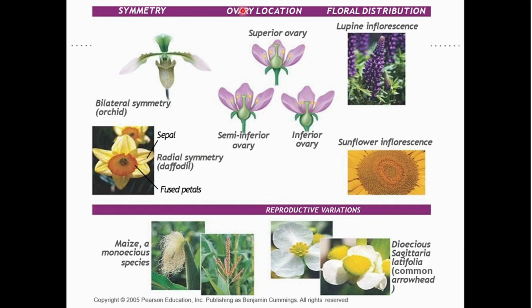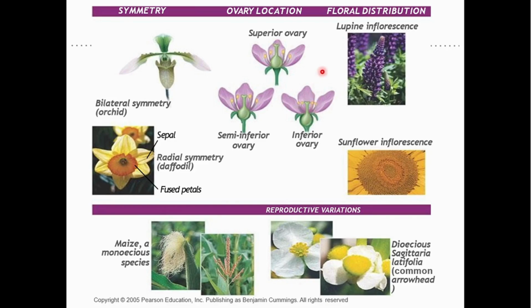And then flowers can be different in ovary location. So superior ovary is located at the top of the sepal, and then semi-inferior ovary in the middle between the sepal, and then inferior ovary is located below the location of the sepal.